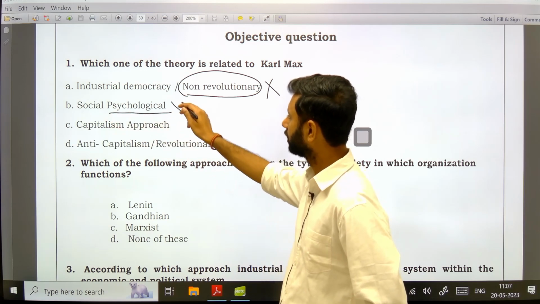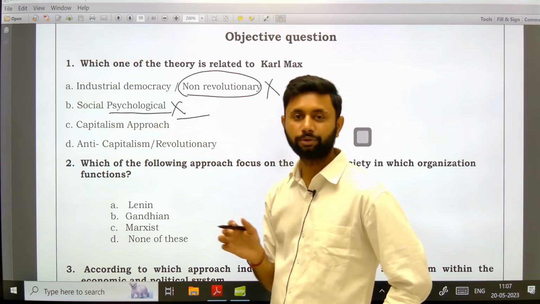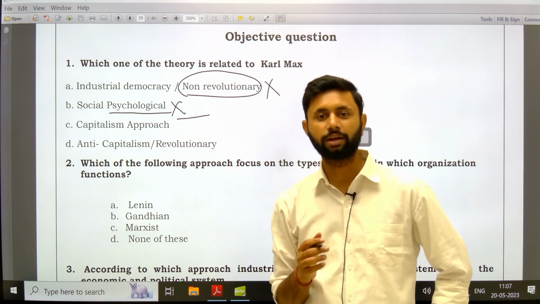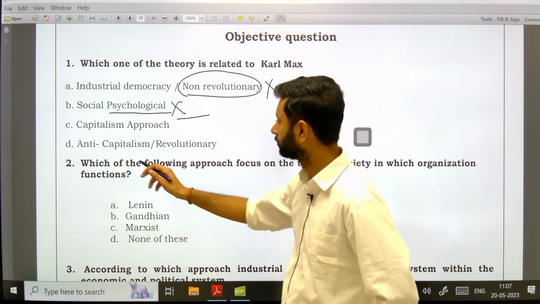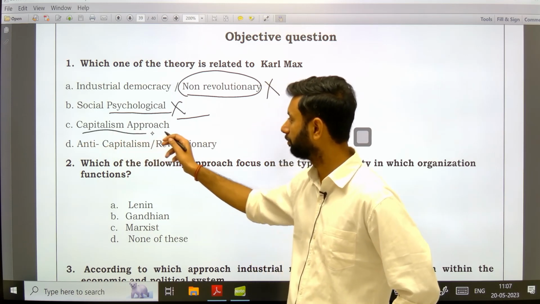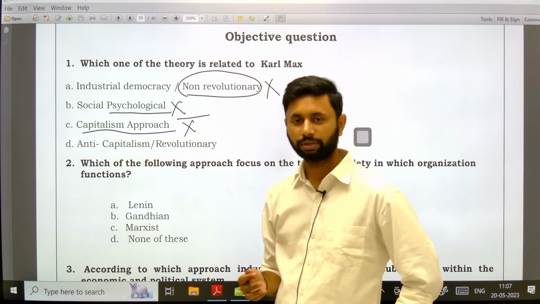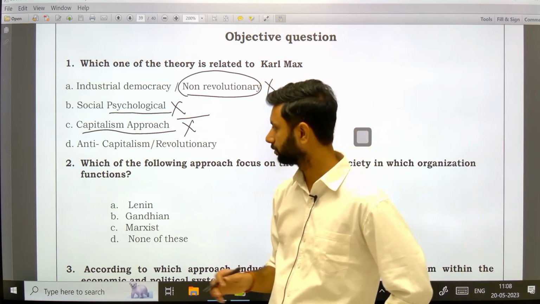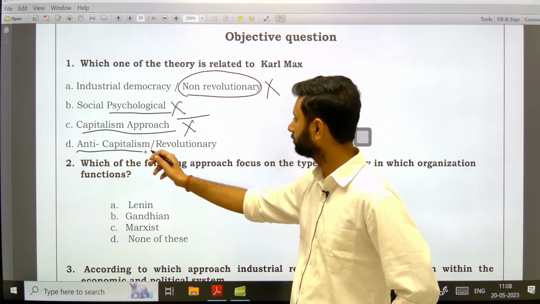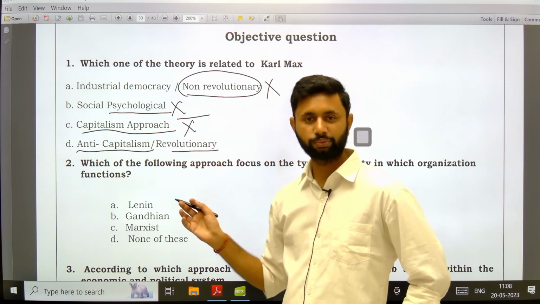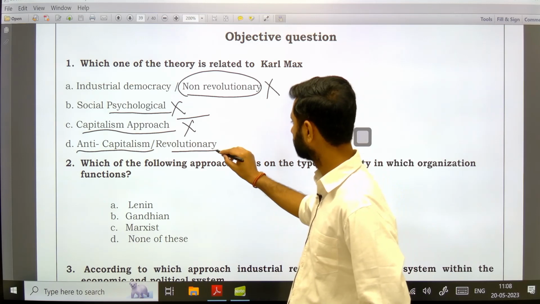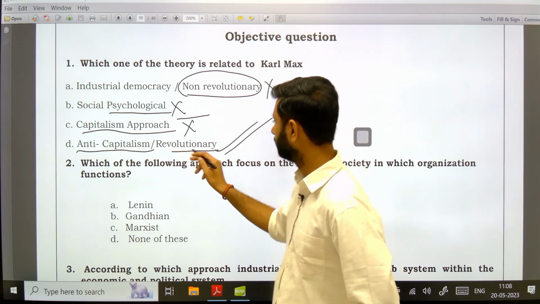Not psychological, because that relates to Denise Rousseau, psychological contracts, transactional and relational relationships. Capitalism is obviously incorrect because Marx's analysis was based on the exploitation of capitalism. Anti-capitalism and revolutionary, these two are in consonance with Marxist ideology. So the right answer is D.